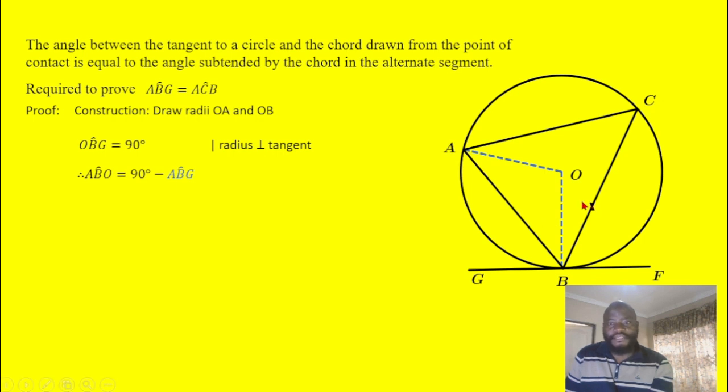Then we see that we have an isosceles triangle here. It means this angle is the same as that angle. We can say BAO is also 90 minus ABG because we have radii OA and OB. They make this an isosceles triangle, and angles opposite equal sides are supposed to be equal. So it means both of these can be written as 90 minus this angle here.